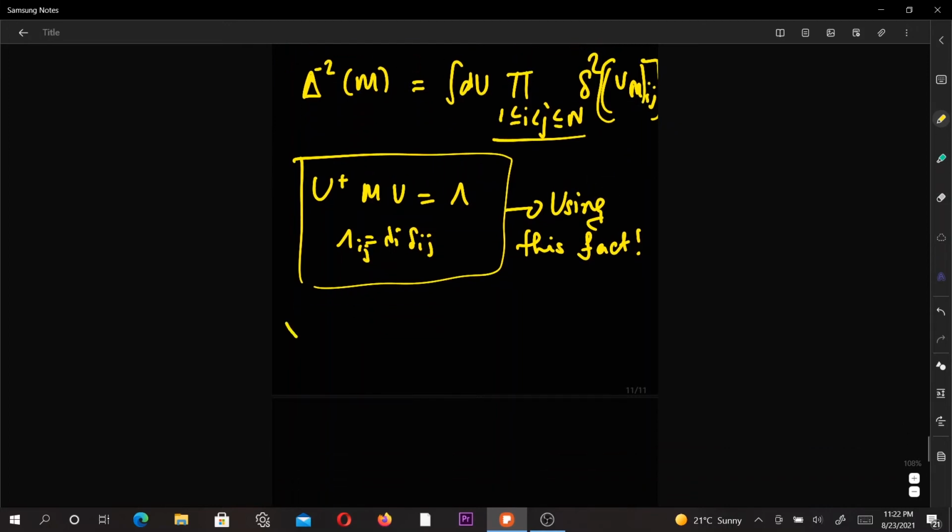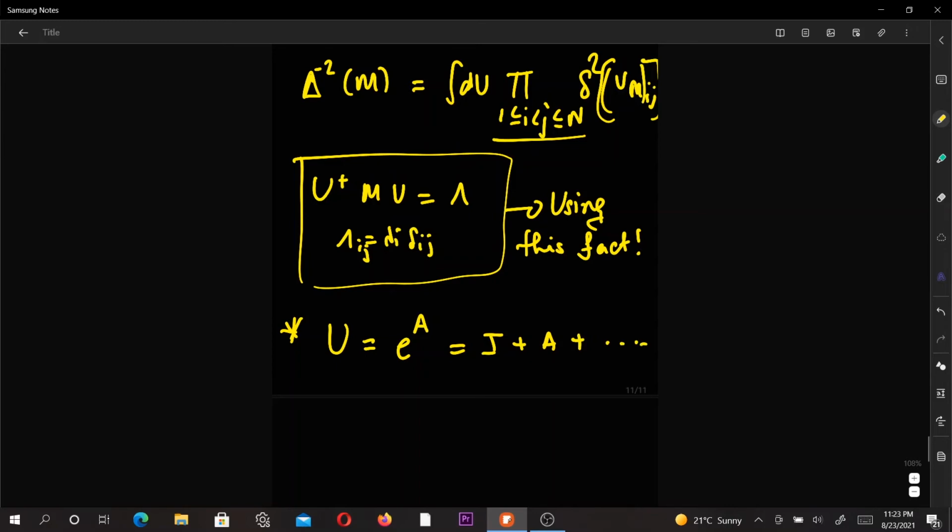Now we'll use something that might be familiar to some of you. That is, any unitary matrix U can be written in terms of an exponential. That is, you can write it in terms of a power series like this, and so on.